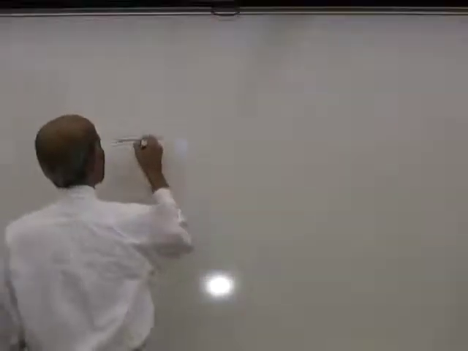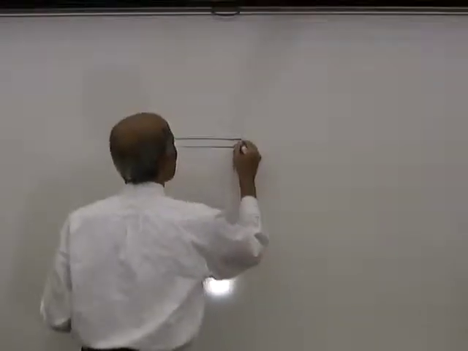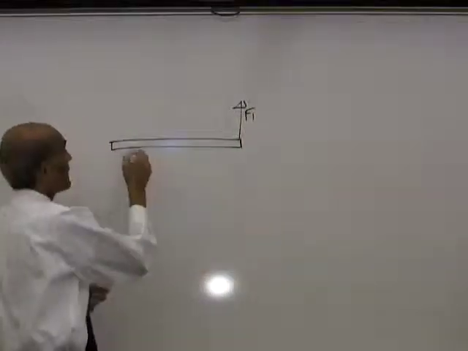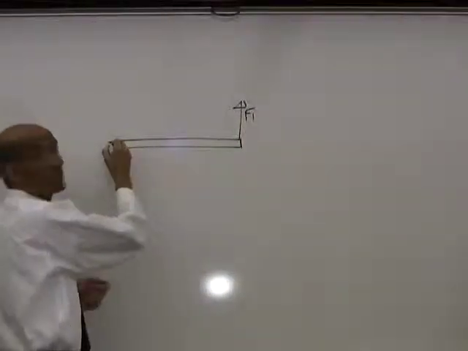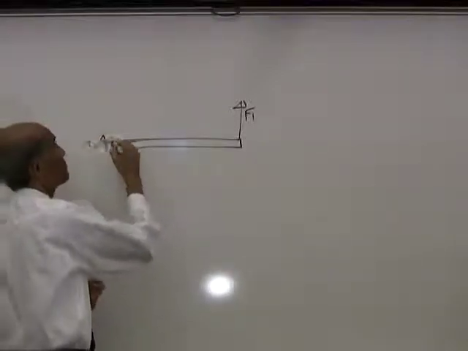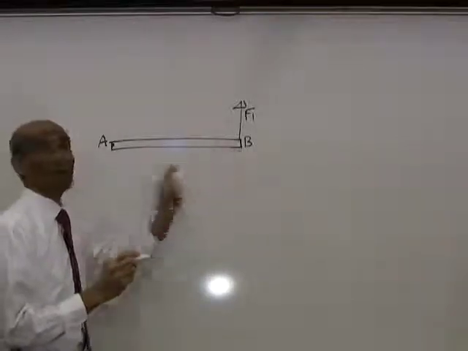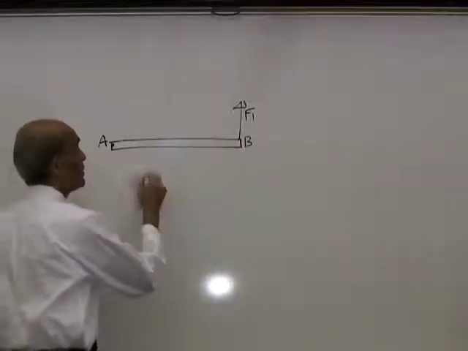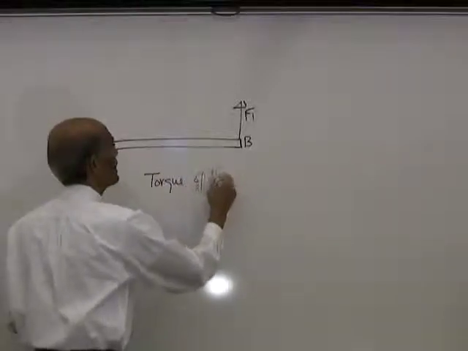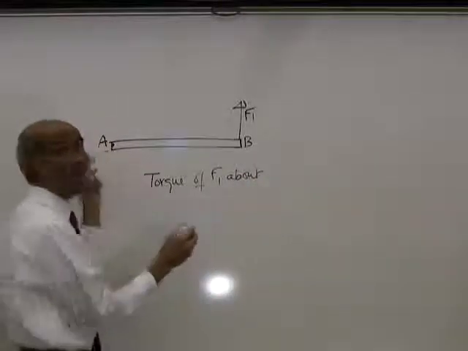If I have this object, a force, say F1, acting on this can produce a rotation on this object about this point A. The force is acting at the point B. Now, what is the torque of F1 about point A?